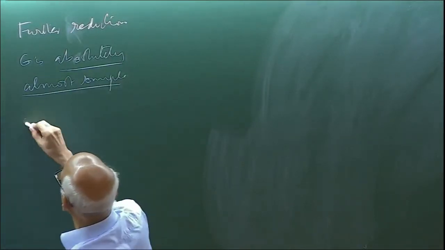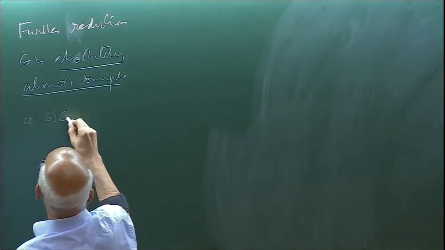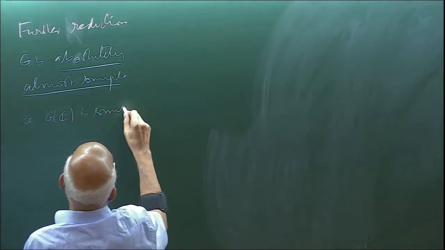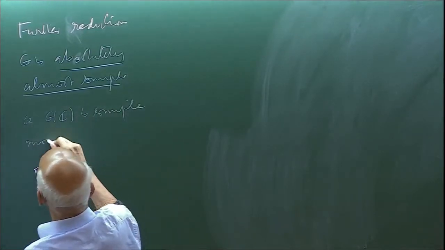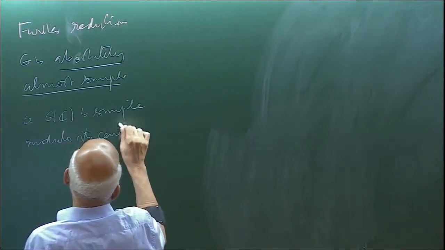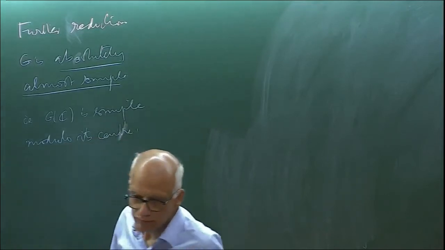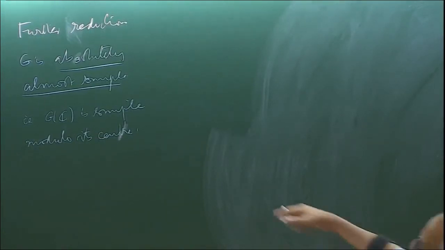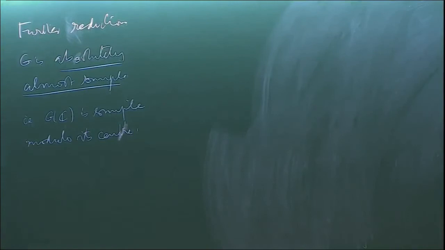This means G_C is simple modulo its center. The only normal subgroups besides the whole group are finite central subgroups. So that's absolutely almost simple. That's the terminology.